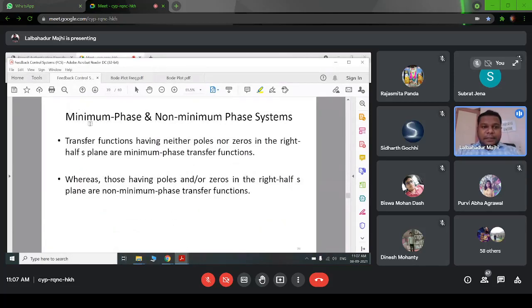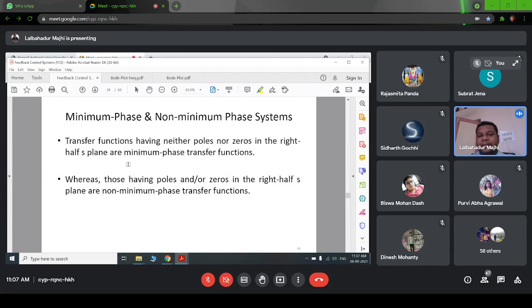This is only the definition of minimum phase and non-minimum phase systems. The transfer functions having neither poles nor zeros in the right half of the S-plane are known as minimum phase transfer functions. If on the right hand side there are no poles or zeros, that will be a minimum phase system.